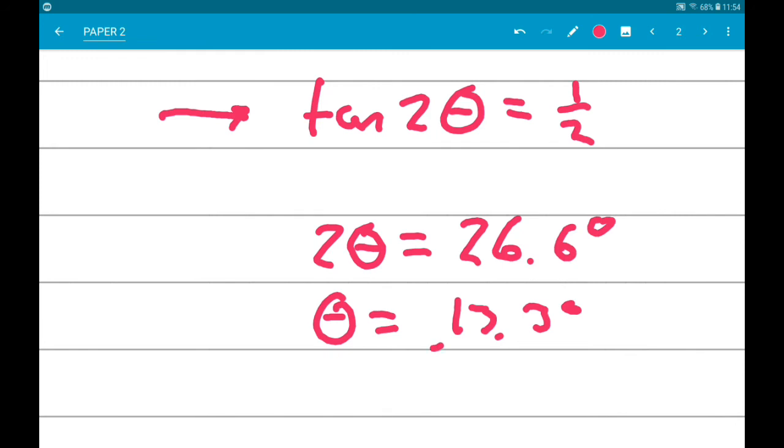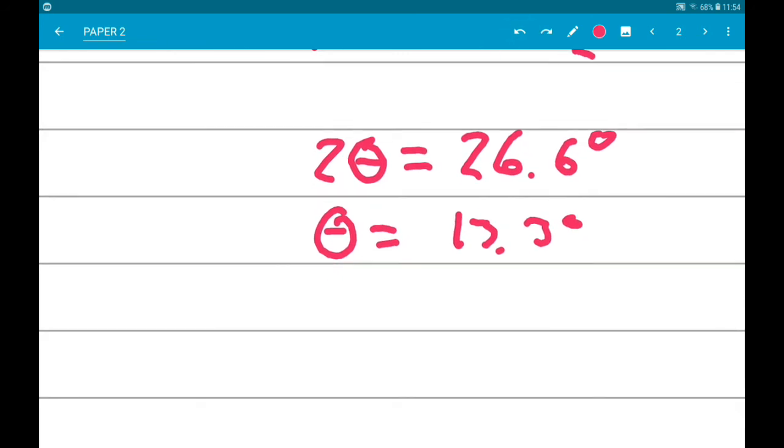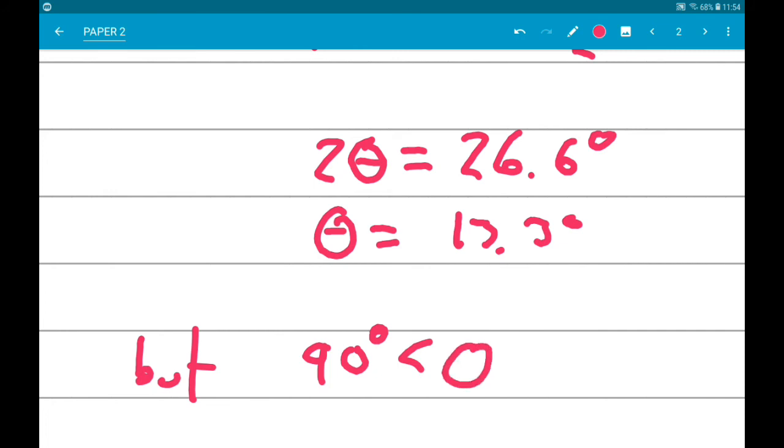But we want theta between 90 and 180. Now, the period of tan is 180 degrees.